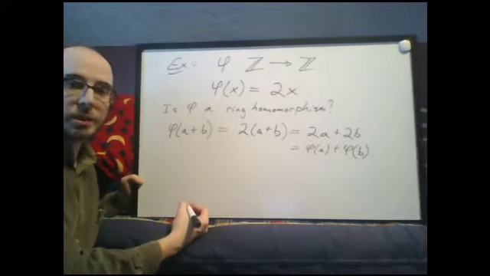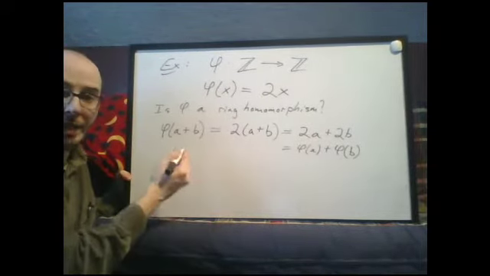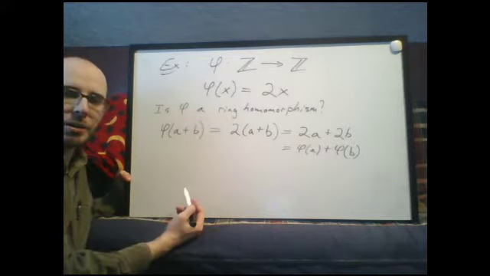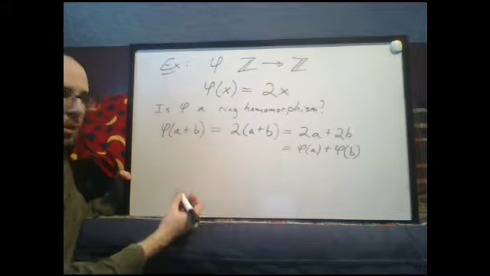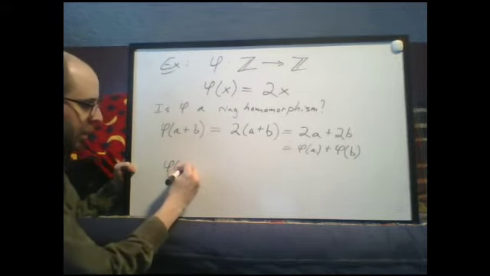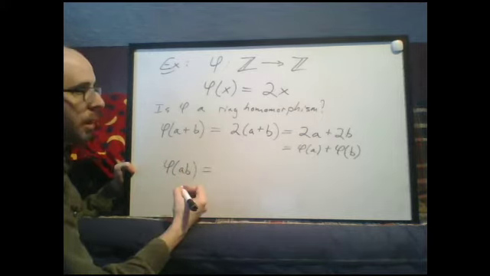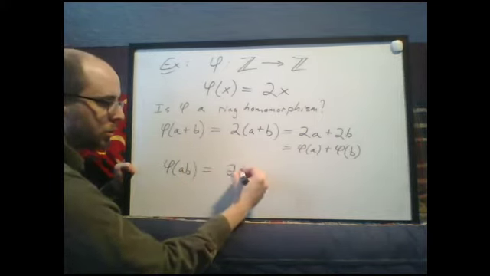So it preserves addition. That tells us this is a group homomorphism under the group operation of addition. But what about multiplication? If I look at phi of AB, that's by definition 2 times AB.